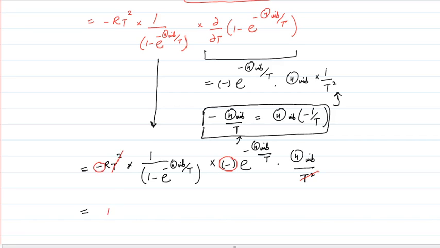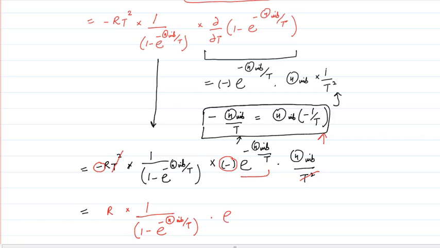Okay, so we will have this relation now, R multiplied by this much, 1 upon 1 minus e raised power minus theta vibration upon t into, I'm talking about this one, we will use this analogy here.